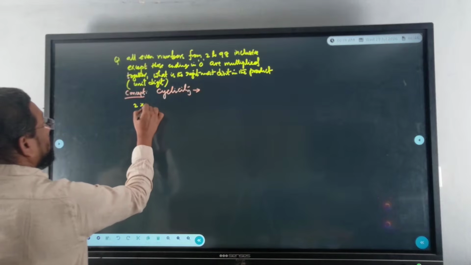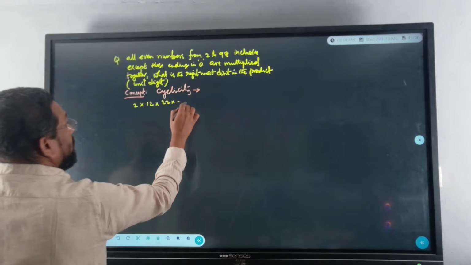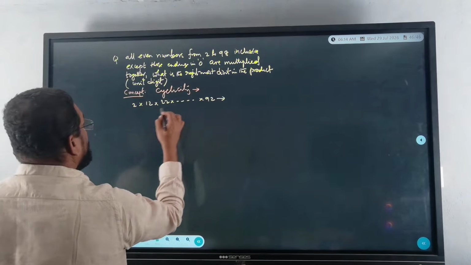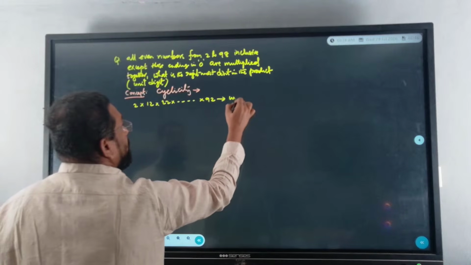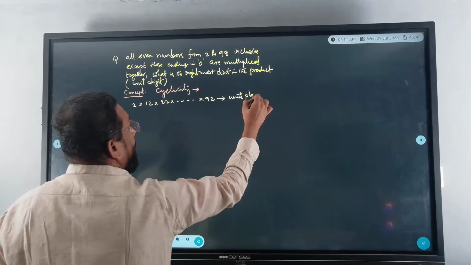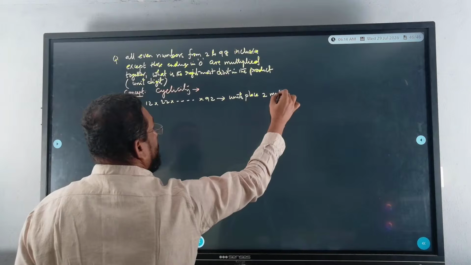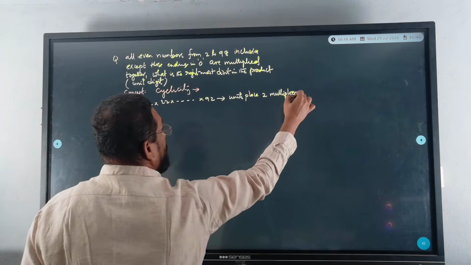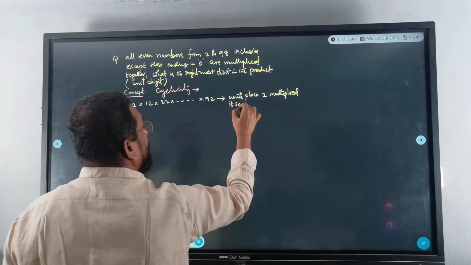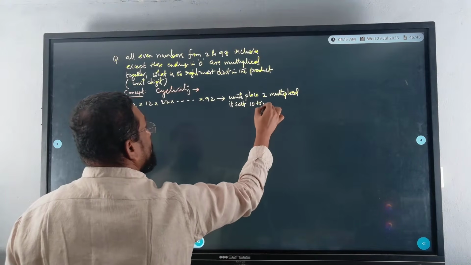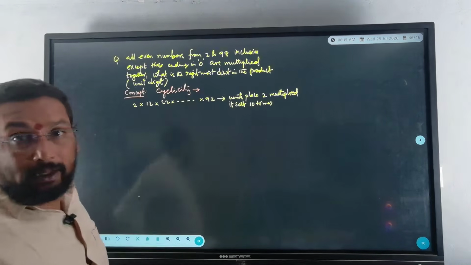See, 2 into 12 into 22 and so on into 92. Here the units place 2 is multiplied by itself 10 times, because the units digits run from 0 to 9, so 10 times.